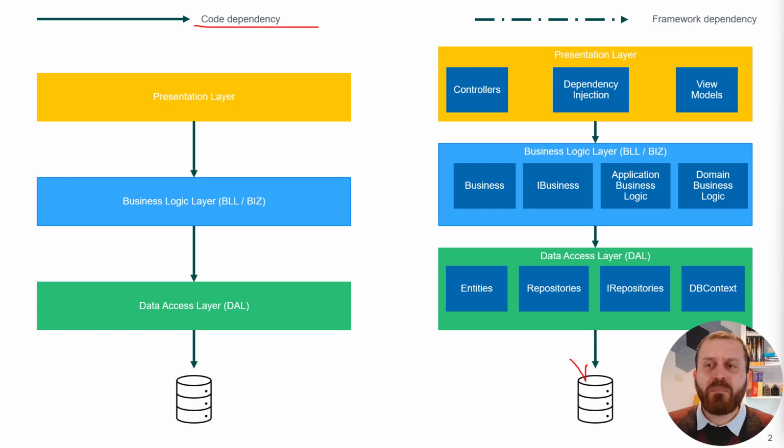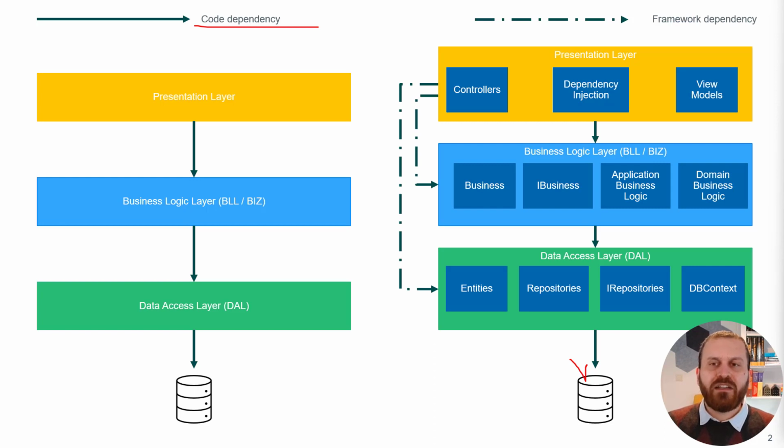It is not a common name, but we have some other dependencies where you are not using any code of the other project in your project. As an example, here in the presentation layer, you are not calling anything from the data access layer, but you need to have one reference from this project in the presentation layer because you want to register the dependencies and services of this layer.